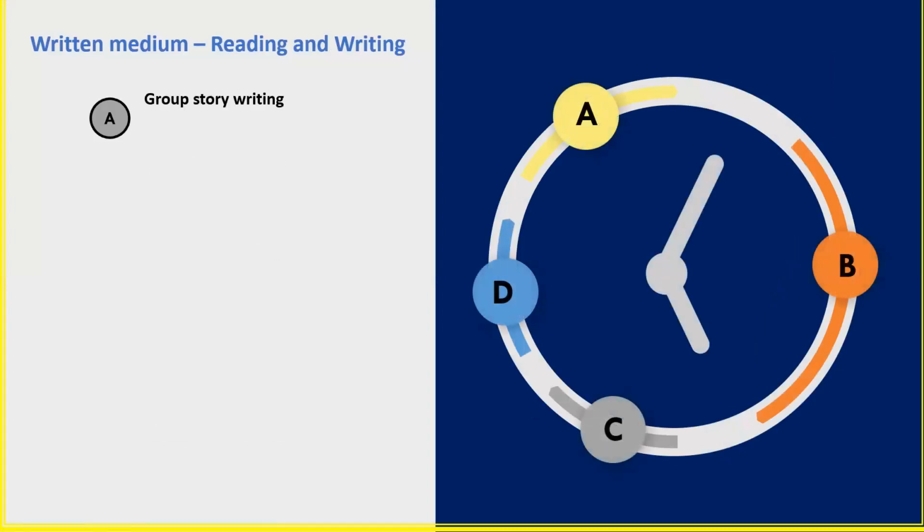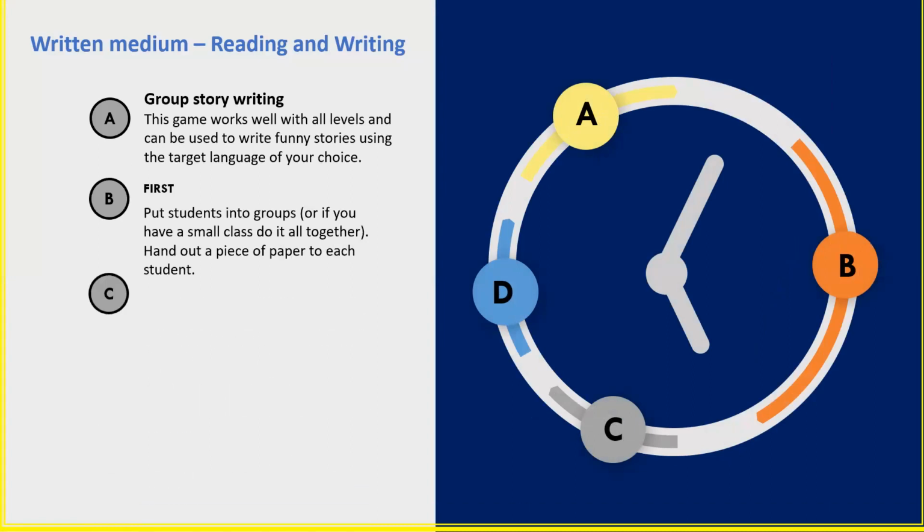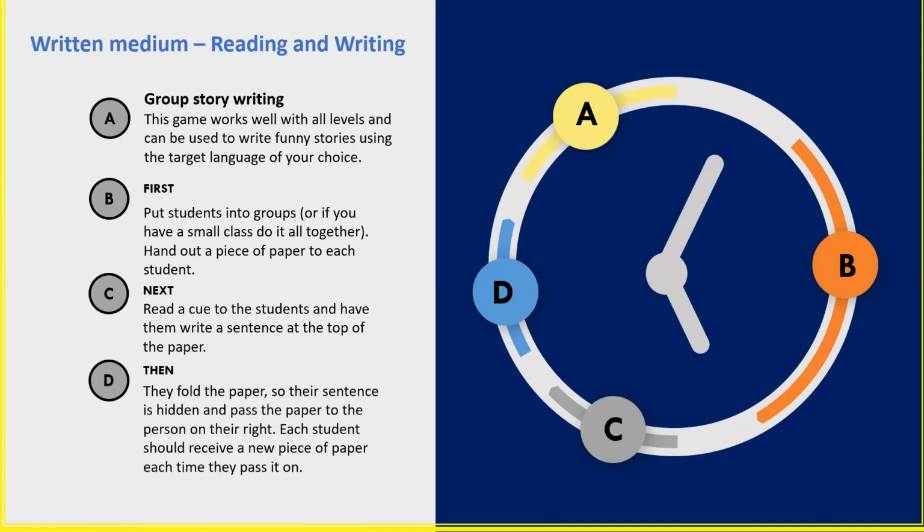This is an example of the written medium, reading and writing: group story writing. So these are the steps for the group story writing. This game works well with all levels and can be used to write funny stories using the target language of your choice. First, put students into groups.